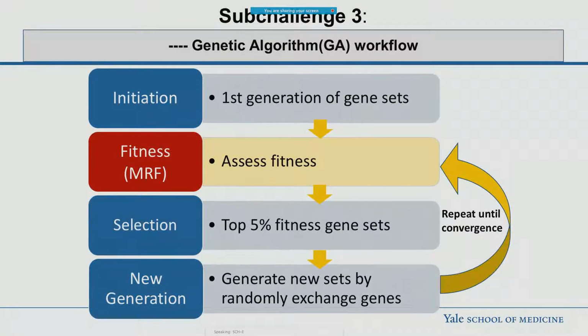Using these, we generate new gene sets by randomly exchanging genes between the top fitness gene sets in order to retain the good features in these gene sets. Then we repeat this procedure until the fitness converges.